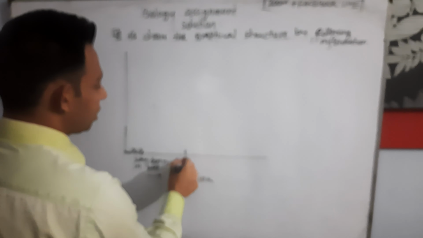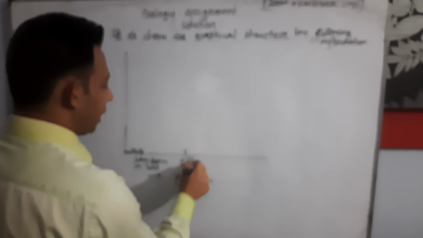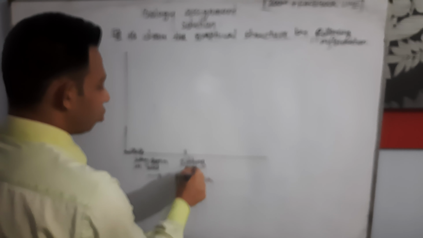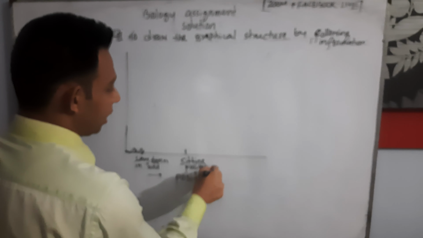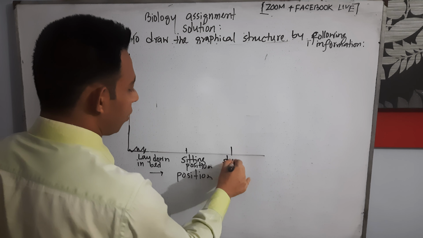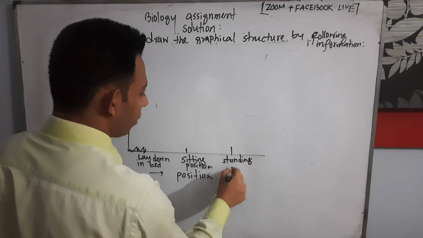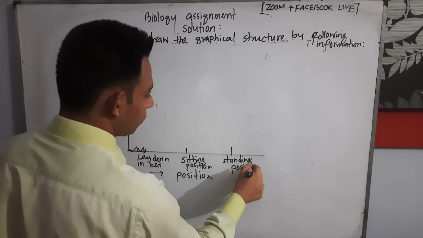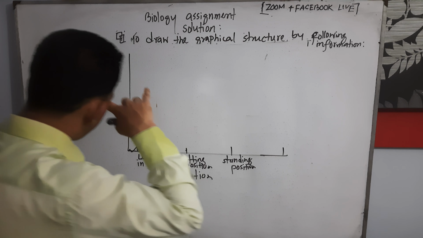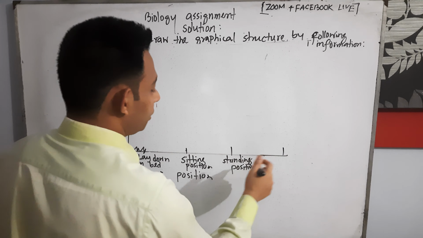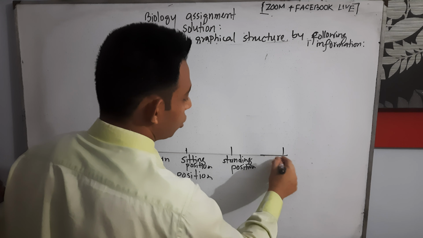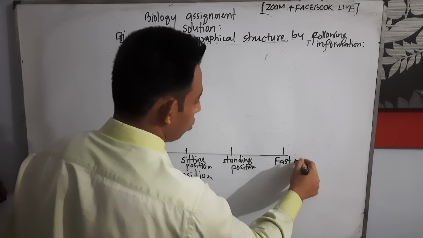Now it is the sitting position. You will write sitting position in the second row. Then standing position, you will write standing position there. Then finally you will write first walking after 5 minutes.